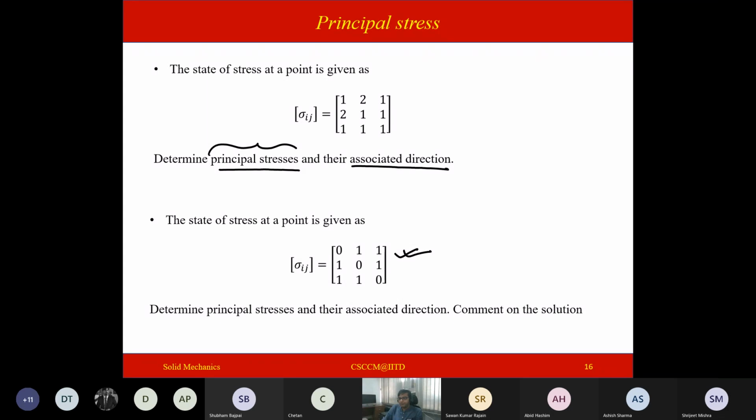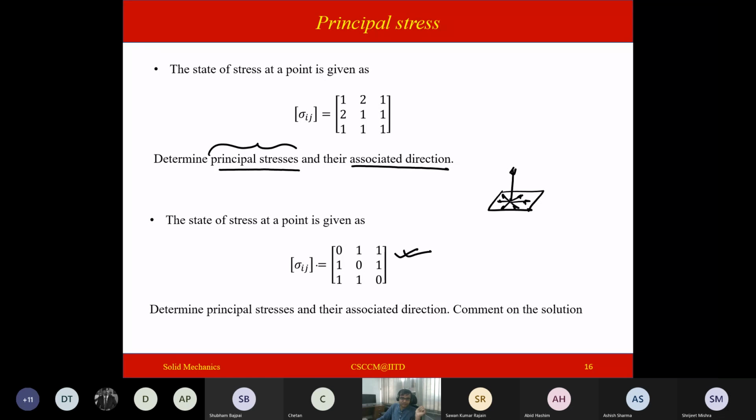And when there are two same principal stresses, if you combine them, there will be only one unique principal plane, and then on the plane perpendicular to that, there can be an infinite number of principal planes. So it will be something like this, and then any direction on that plane will be a principal plane. And this is the scenario you will encounter when you solve this problem.